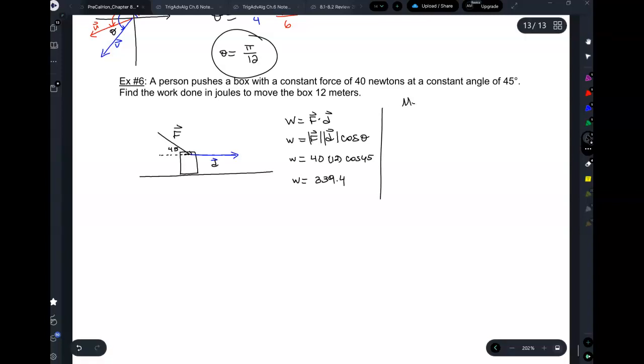Method 2. Remember how this is a dot product? Can we write these two in component form? What's vector D in component form? 12, 0. Good. What's vector F in component form?